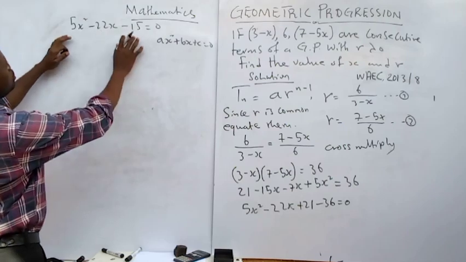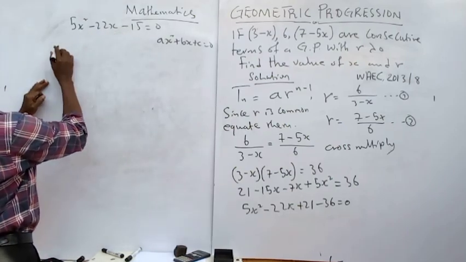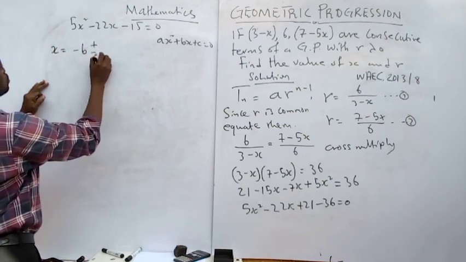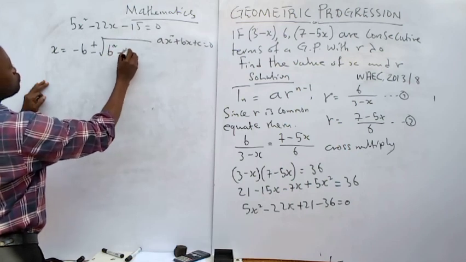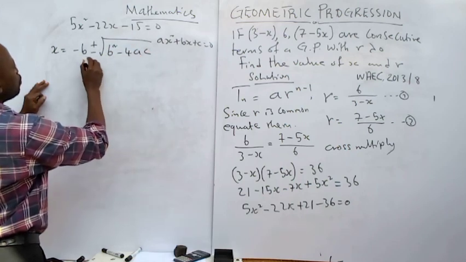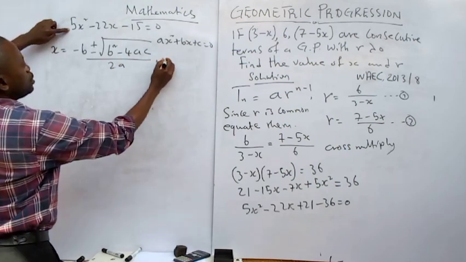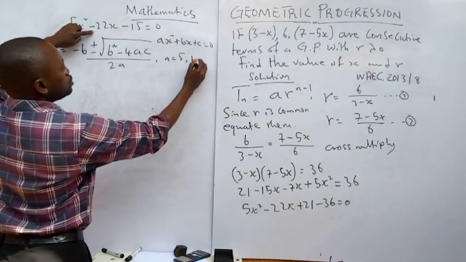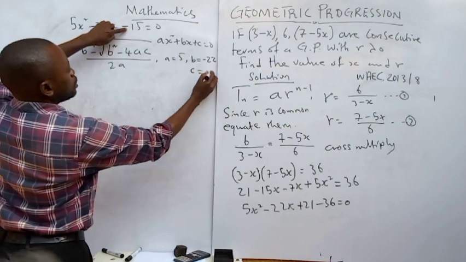So let me deploy the quadratic formula in solving this. In the quadratic formula, we say that x is equals to minus b plus or minus square root of b squared minus 4ac all over 2a. Here, a is 5, b is minus 22, and c is minus 15.